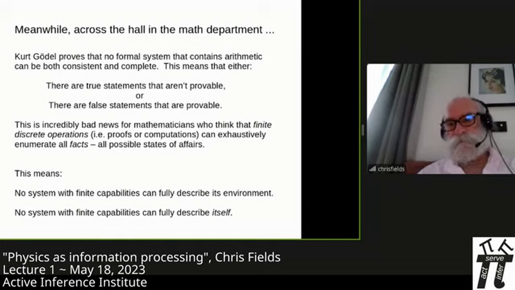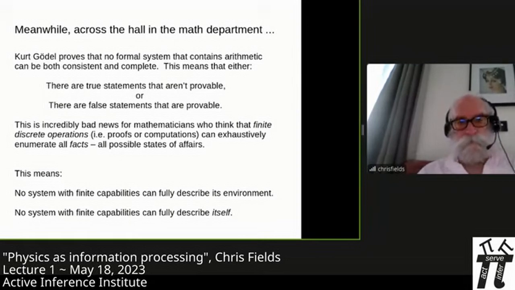Any agent's theory of itself will either miss true statements that it can't derive, or it will end up deriving things that are false about itself. And of course, we see this in psychology all the time.